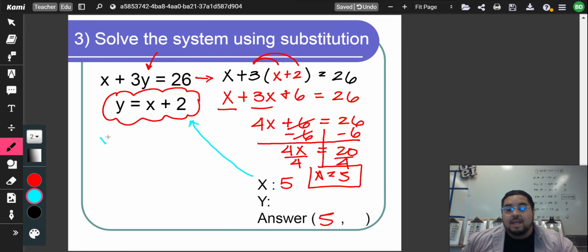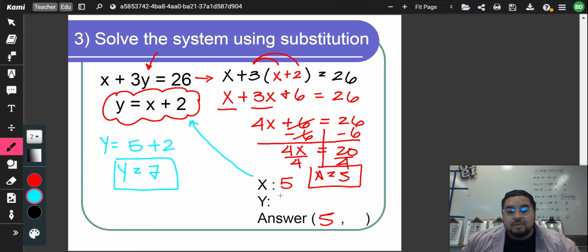So y is equal to, instead of x, I'm putting in the value of 5, plus 2. So y is equal to 7. Okay. And then because that's our second confirmed value, I can plug that in. y is 7.